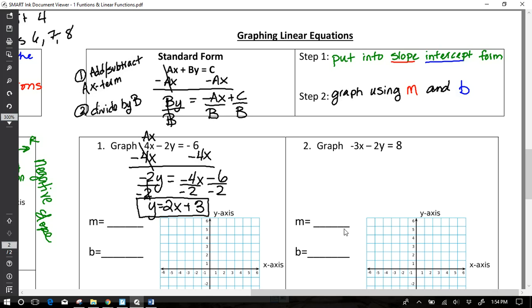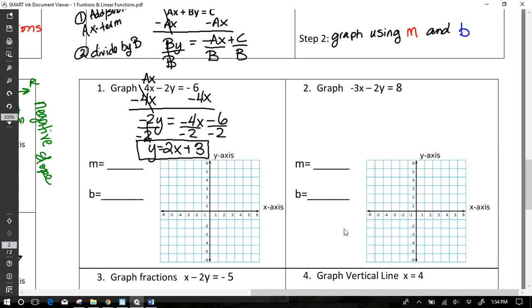So that was all step 1 over here in green. Once I am back into slope-intercept form, I can do exactly what we were just doing on the left side of our paper, which is to identify the slope, 2 over 1, and identify the y-intercept, which is 0, comma 3, and then go ahead and graph them.